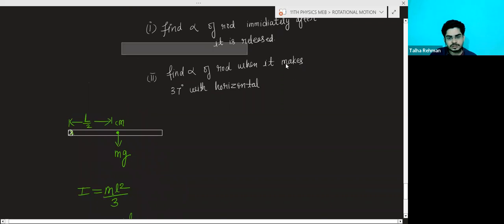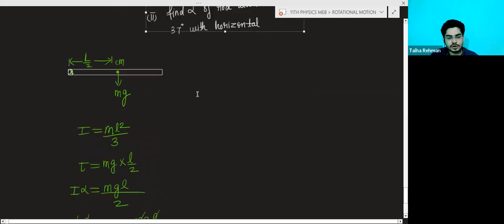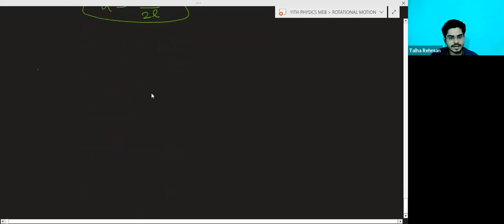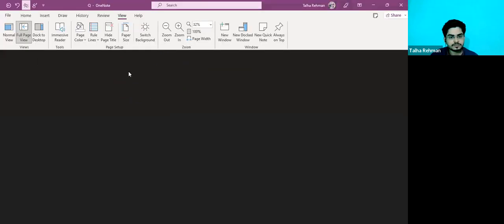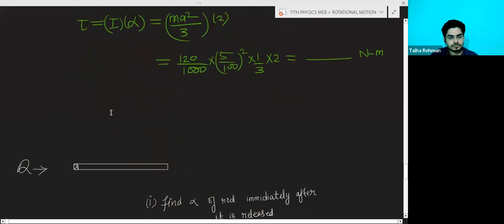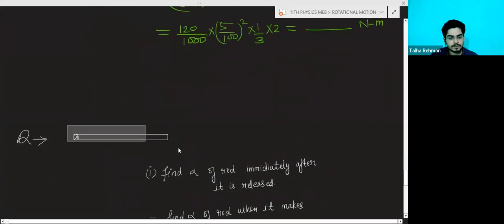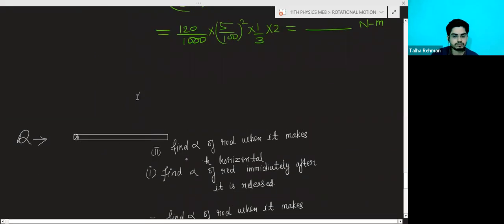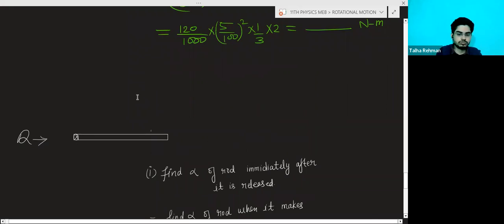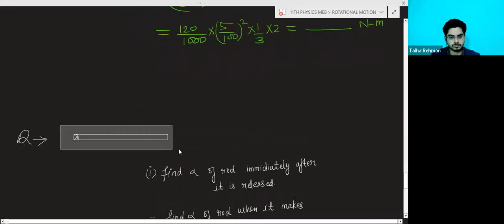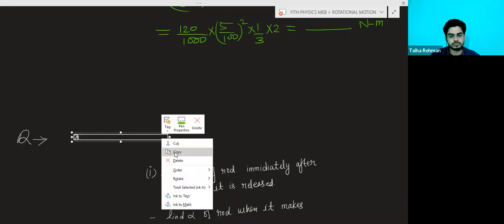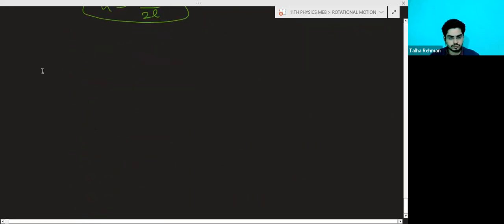In the second question, they are asking to find the angular acceleration of the rod when the rod makes 37 degree with the horizontal. So second case: this is a rod now.